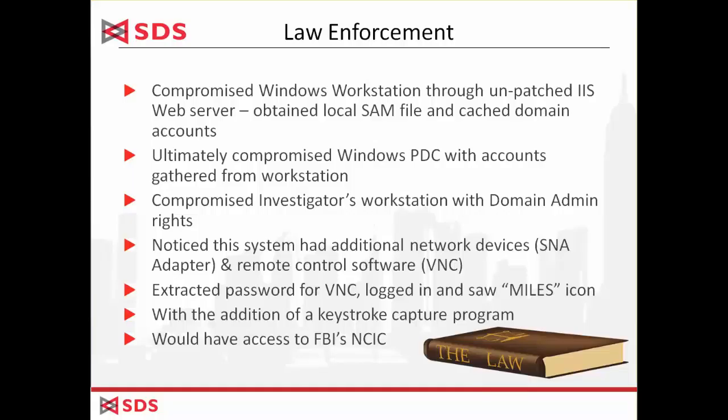Now, needless to say, after we found this, the FBI was not too pleased with this particular law enforcement agency, and they had to make changes. But again, going from a workstation with an unpatched web server to ultimately find paths to break into the FBI, that should be unfathomable. But those kinds of attack paths and those kinds of gaining access to the more critical systems are what happens all the time.